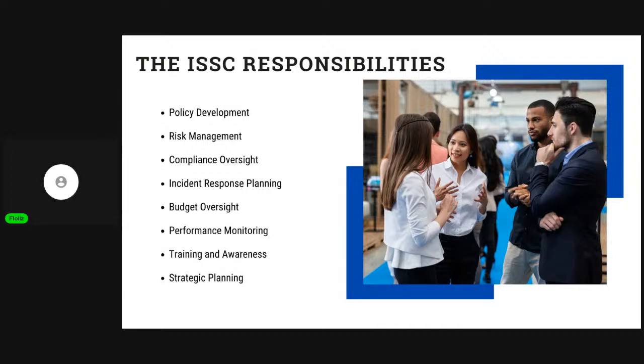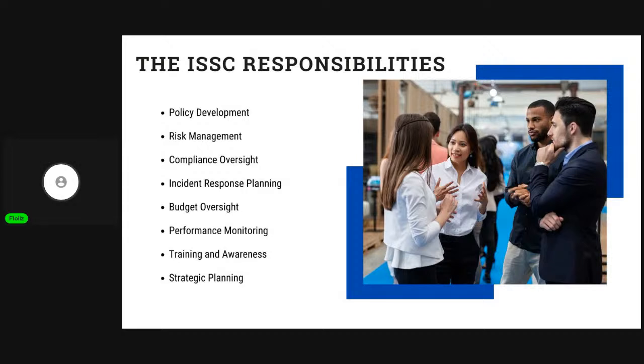Then in terms of compliance oversight, the committee will look at the industry standards. Take, for instance, the PCI DSS, the Payment Card Industry Data Security Standard, the Nigeria Data Protection Act, Information Security Management Systems, the ISO 27001.